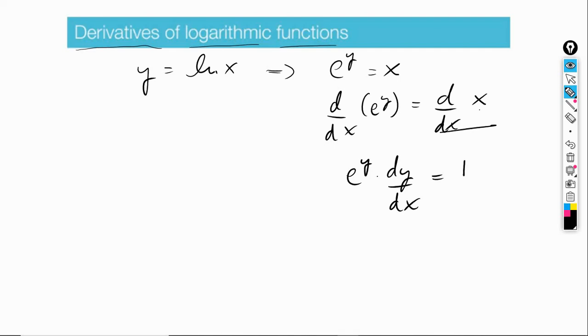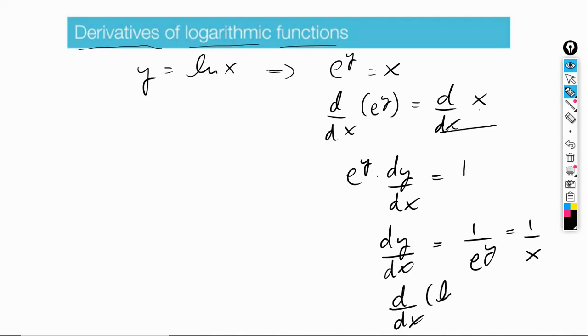So that means that the derivative will equal 1 over e to the y. But we already said that e to the y equals x. So this equals 1 over x. In other words, the derivative of natural logarithm of x is 1 over x.